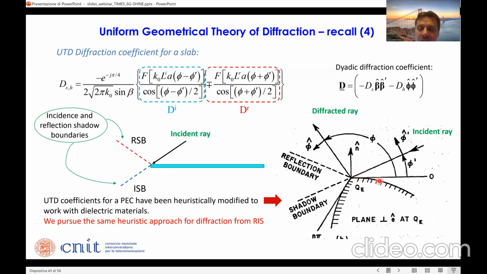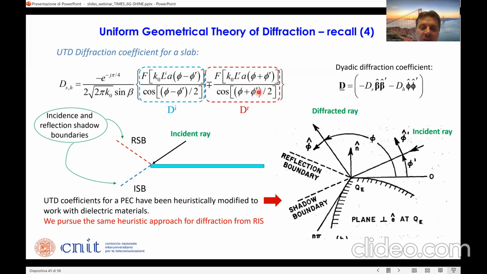We take one of the walls forming the edge as a reference, and we simply measure the angle formed by the incident and the diffracted ray, respectively. The angle formed by the incident ray with respect to the reference wall is phi prime. The one formed by the diffracted ray is phi.